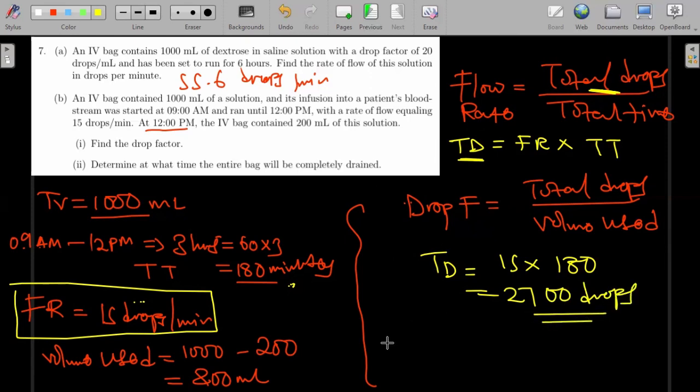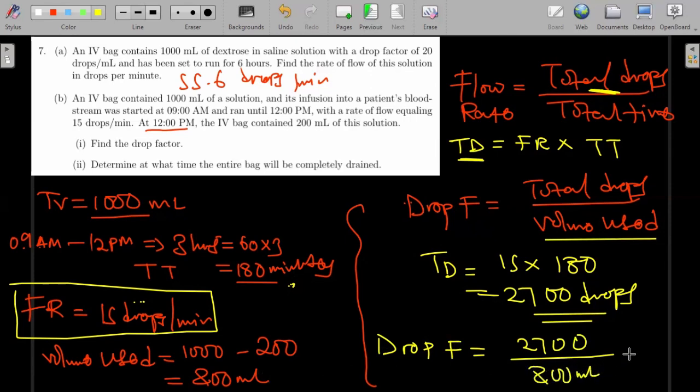Now to calculate the drop factor, we are going to say total drops 2,700 divided by the volume used, which is 800 milliliters.